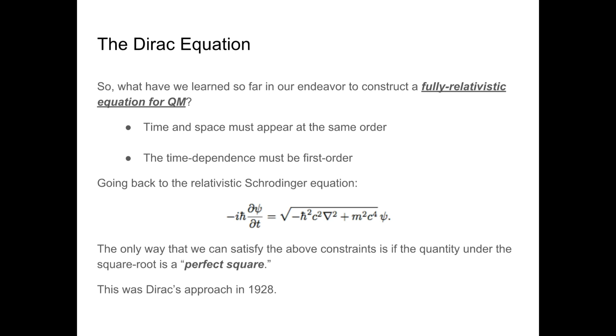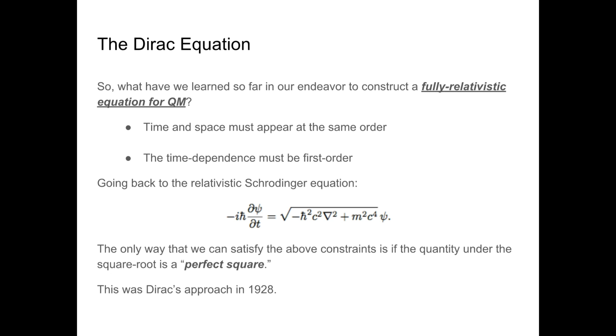It would be some quantity in parentheses, squared. Then you could take the square root. And what you want that quantity inside the parentheses to be is linear in momentum. So Dirac said if you could figure out a way to write this stuff under the square root as a perfect square, you'd be in business. You'd have a theory that's linear in time, and time and space would be on the same footing.